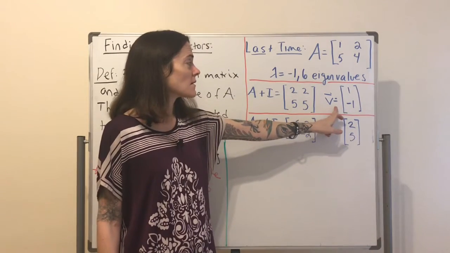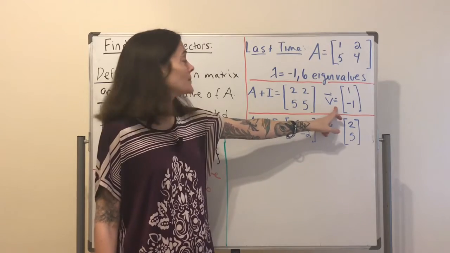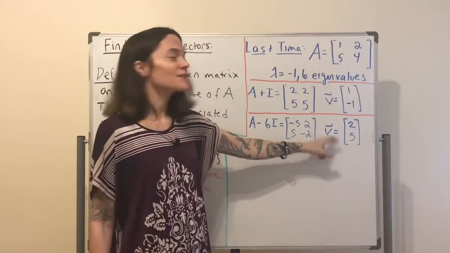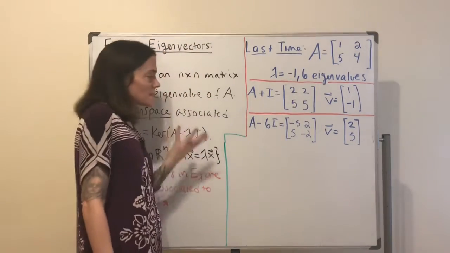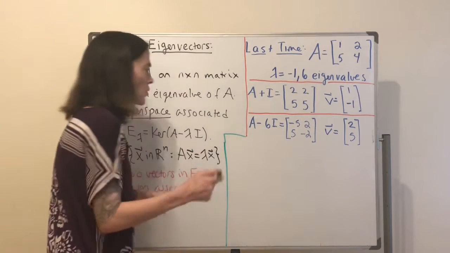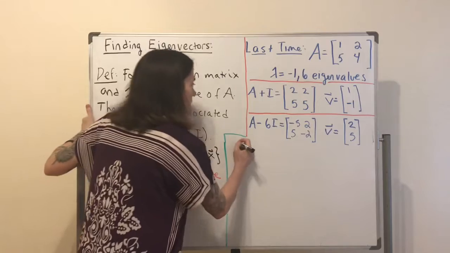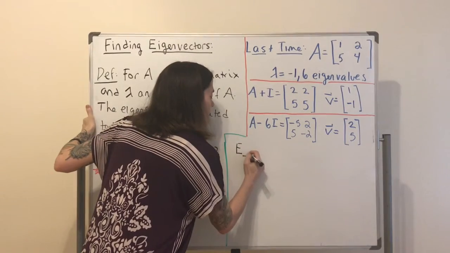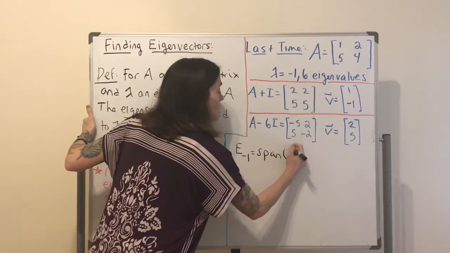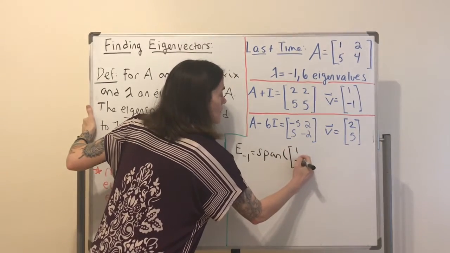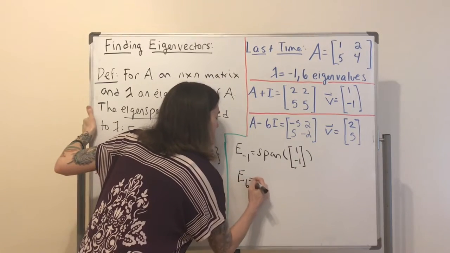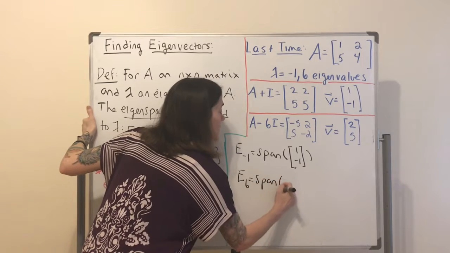So V here is an eigenvector for eigenvalue -1, and this V is an eigenvector for eigenvalue 6. In this new language of eigenspace, E minus 1 is the span of this one vector, and E6 is the span of this vector.